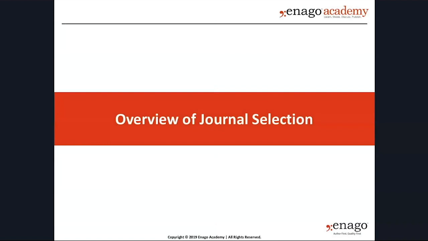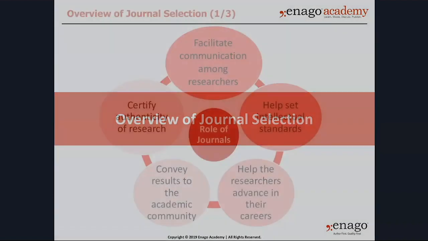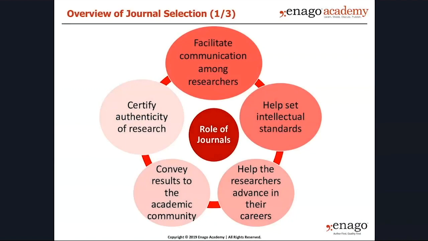So we'll begin with an overview of journal selection. Now, one question that it's useful to ask ourselves of submitting to journals is why we want to submit to journals. What is the role of journals?